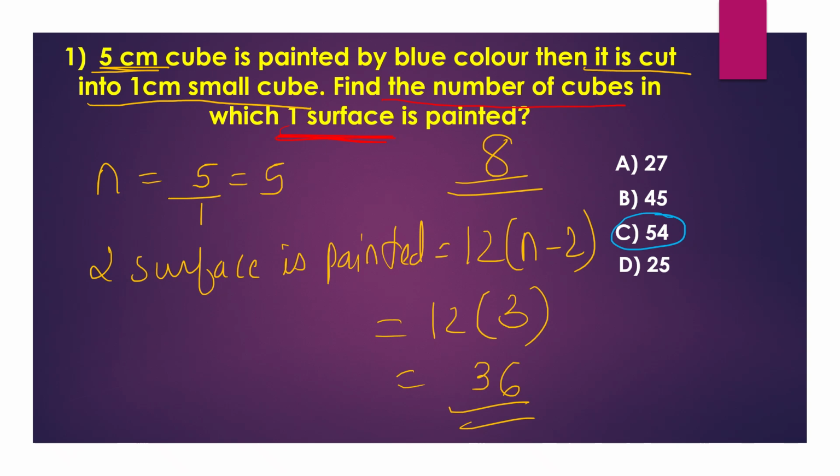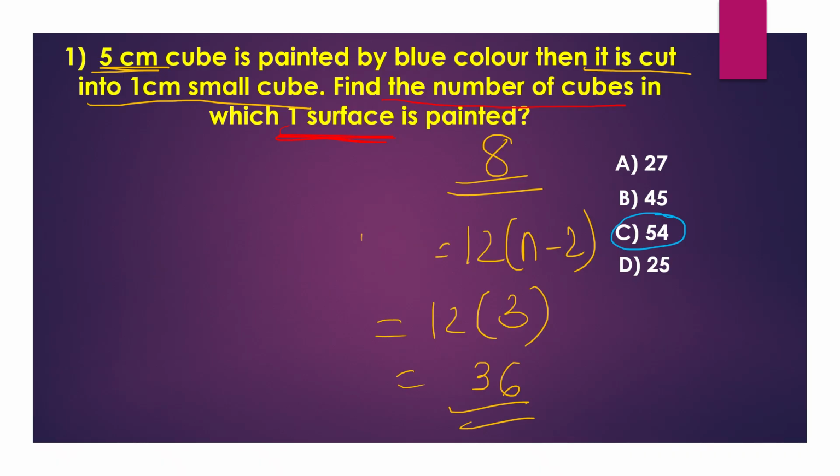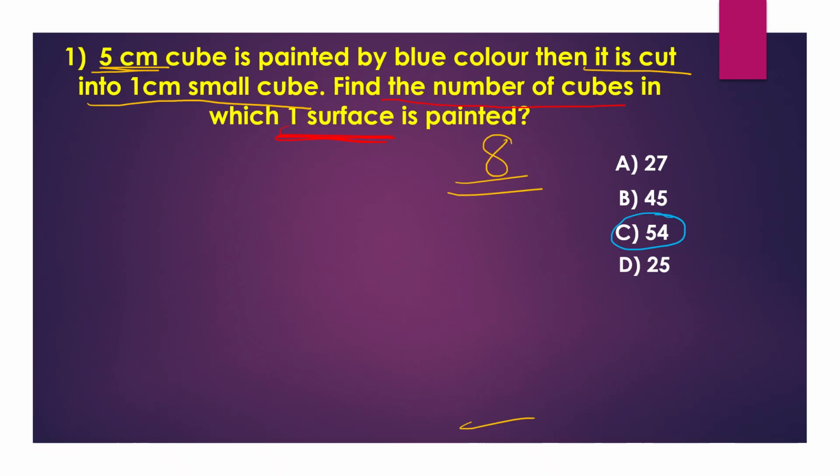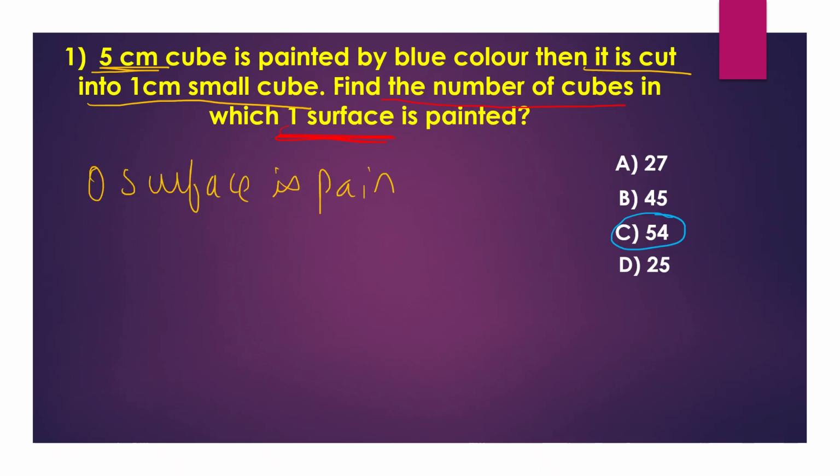If they ask, same question, in which zero surfaces are painted, what will be the answer? n will be 5 upon 1, so 5.